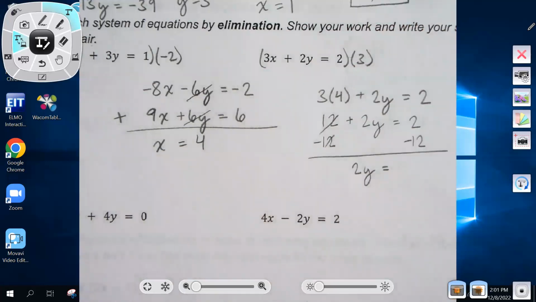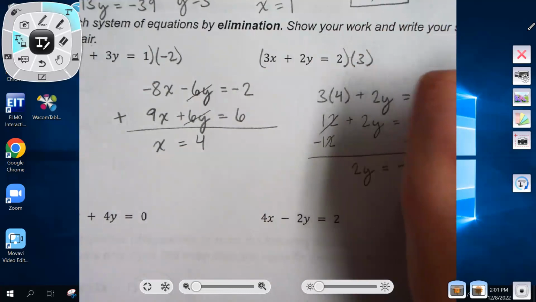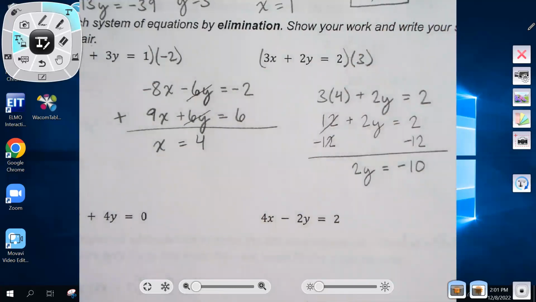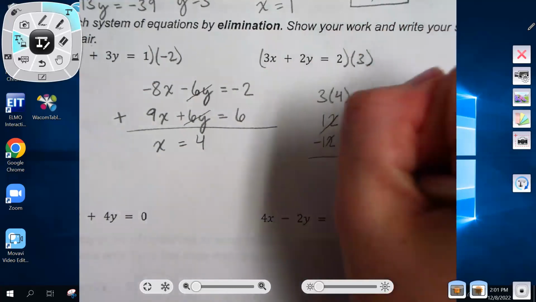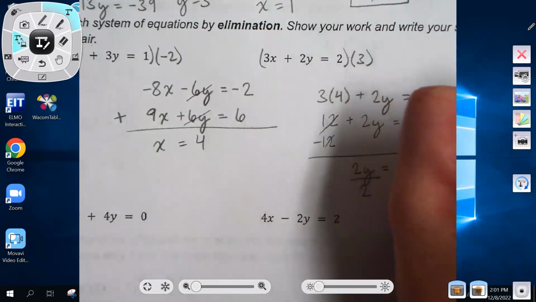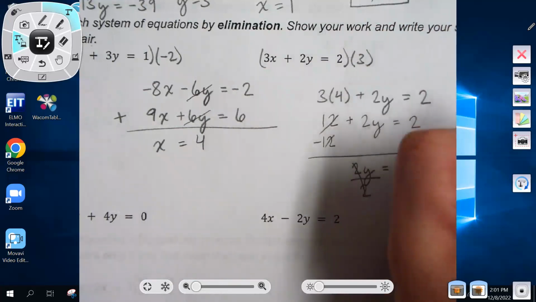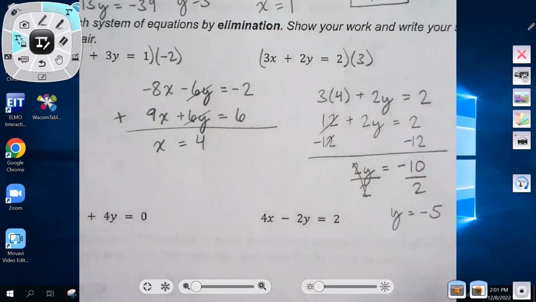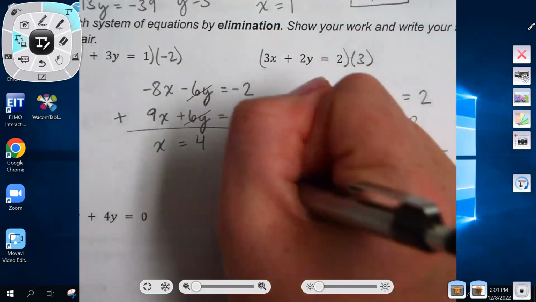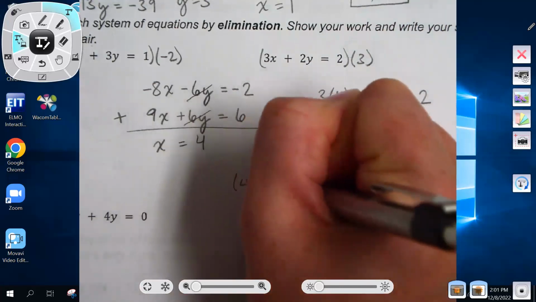We get 2y equals negative 10. Divide both sides by 2 to get y by itself. So y equals negative 5. Our solution as an ordered pair is 4, 5.